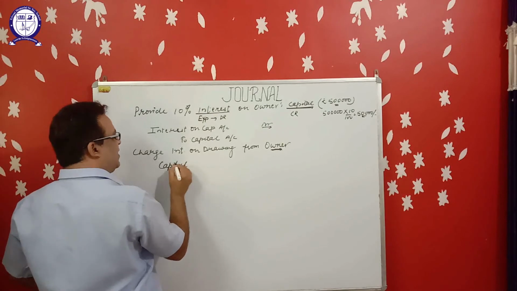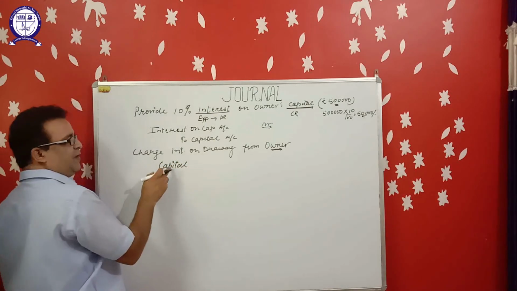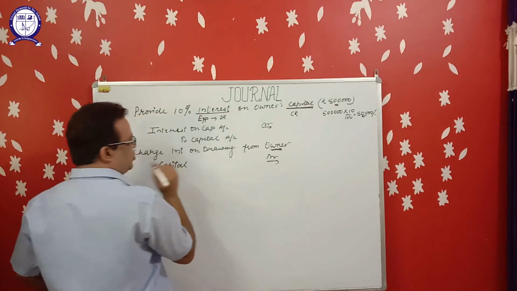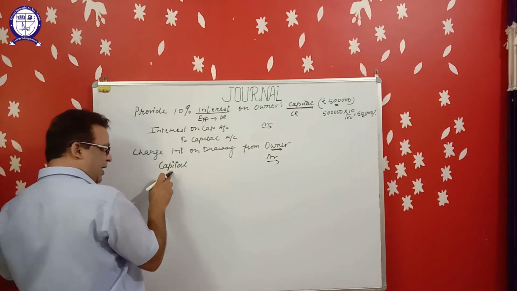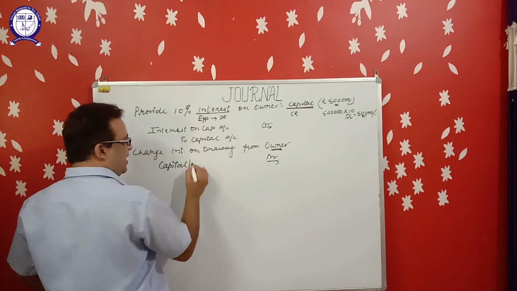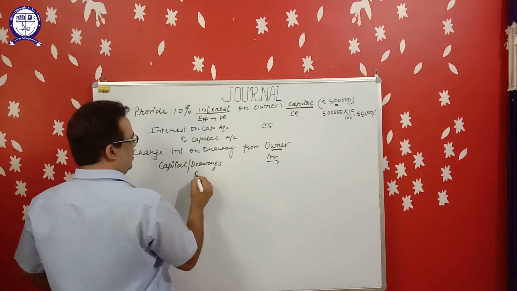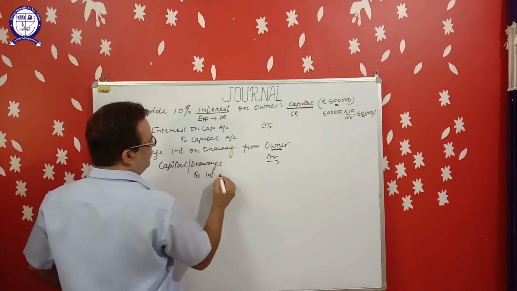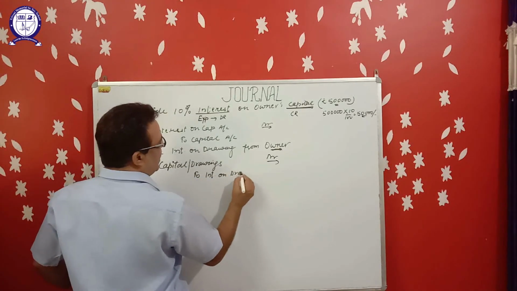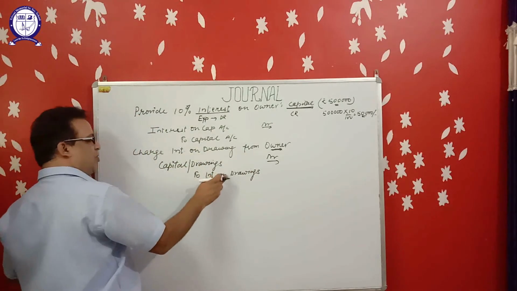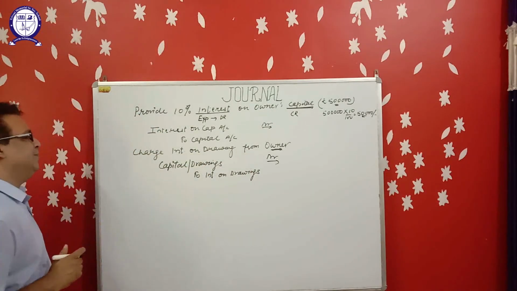The amount of interest will be taken out of capital of the owner. That's why capital of the owner will reduce. So capital account will be debited. Or you can write drawing account debit to interest on drawing. Interest on drawing is an income for the business. That's why interest on drawing account will be credited.